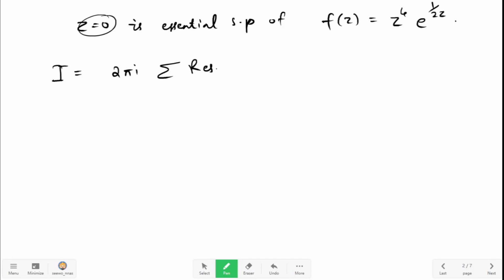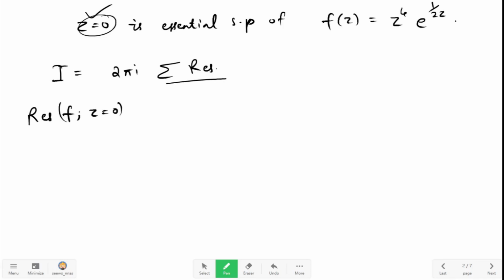There is only one singular point here, z equal to 0, which lies inside the contour. Therefore we have to calculate only the residue of f at z equal to 0 and substitute it here.